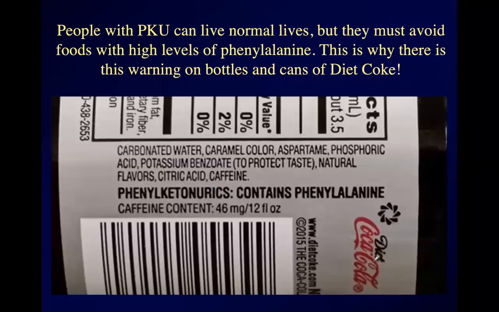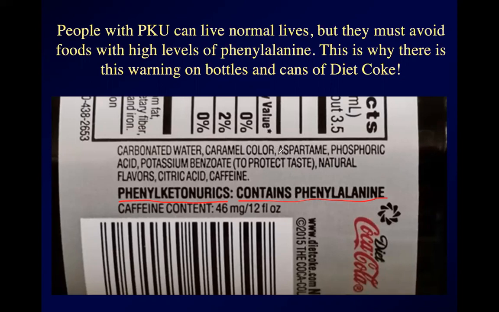And if you look very carefully at the labels on things like Diet Coke, notice the warning label, phenylketonurics. That's people who have phenylketonuria. This contains phenylalanine. If you have PKU, you can live a normal life, but you have to eat a very carefully controlled diet that doesn't have any phenylalanine in it. You have to avoid foods with high levels of phenylalanine.